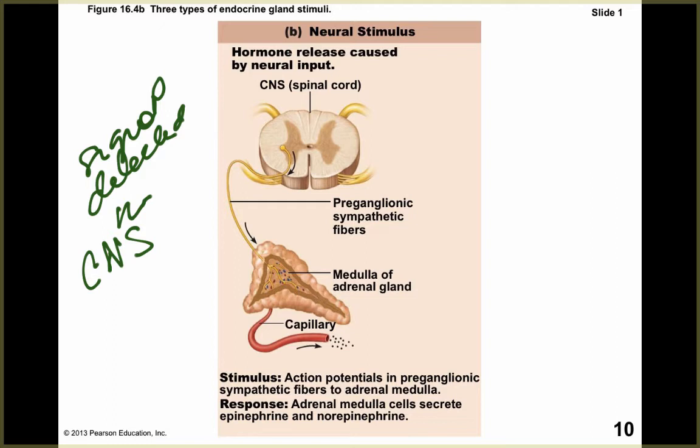So this is the idea that you're getting action potentials generated in the spinal cord of the central nervous system in these preganglionic sympathetic fibers that activate onto the adrenal gland. And then the adrenal medulla cells will secrete epinephrine and norepinephrine. So the stimulus is coming from the nervous system.